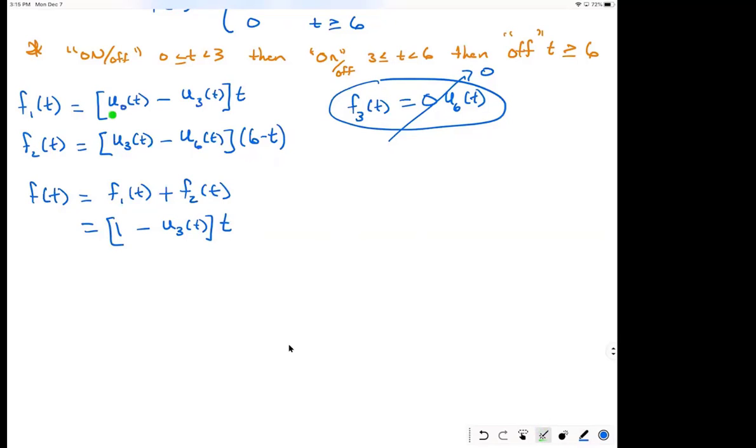And I've gone ahead and changed this u sub 0 to 1. I've already done that in the first step when I'm recopying. Plus u sub 3 of t minus u sub 6 of t. I'm going to multiply that by 6 minus t.